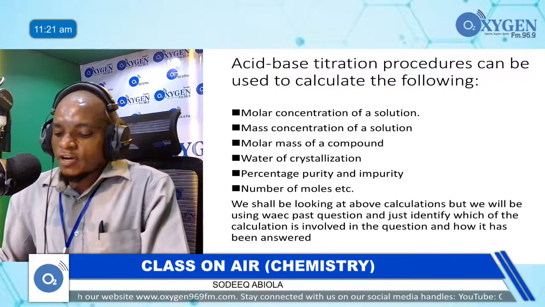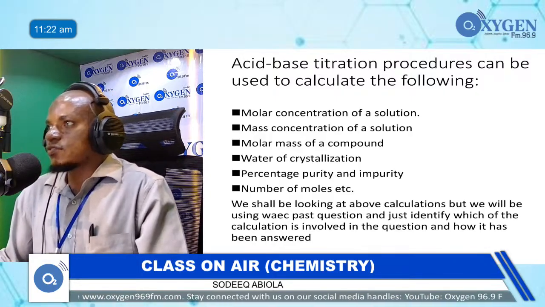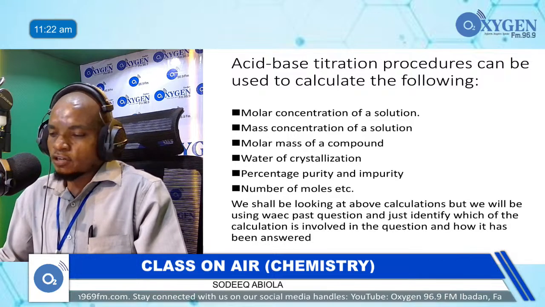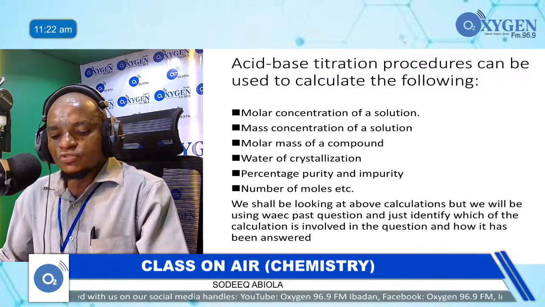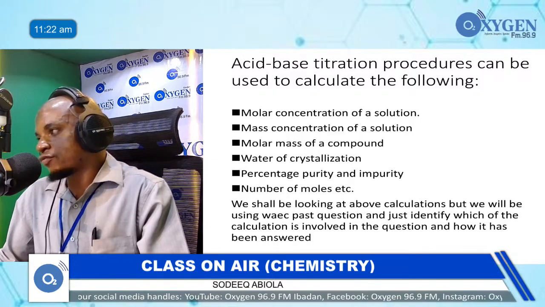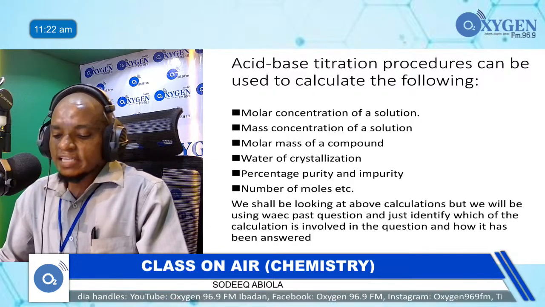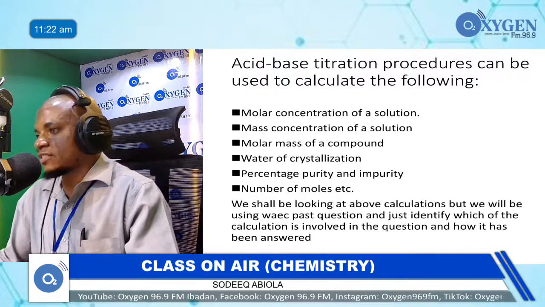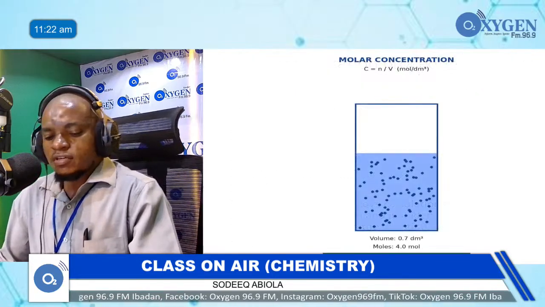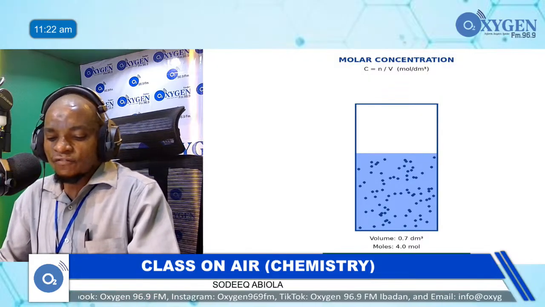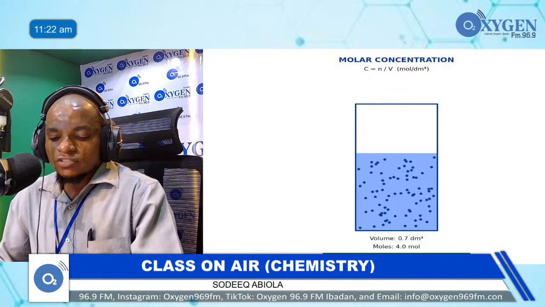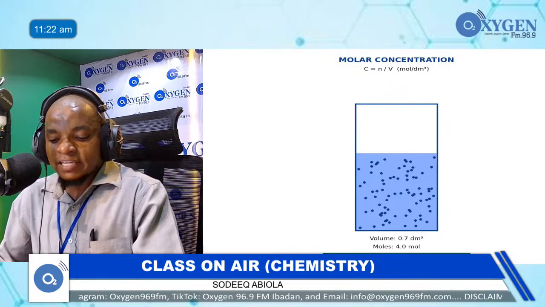So first of all, before we look at those calculations, we are going to do a quick revision on mole concepts. For us to be able to do all the calculations highlighted above, we need to understand the mole concepts. So what is a mole? When we talk of mole in chemistry, it's like we are talking of currency. As we know, in Nigeria here we spend naira.